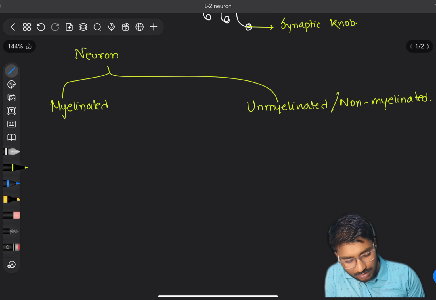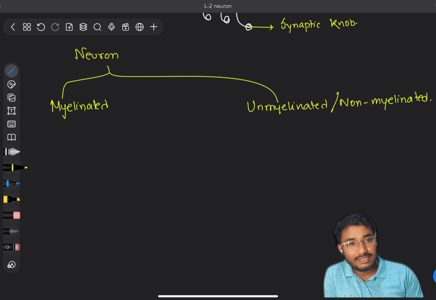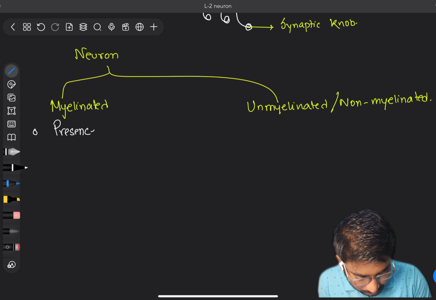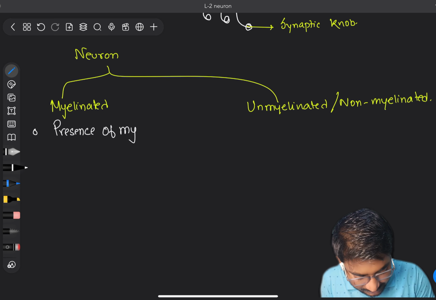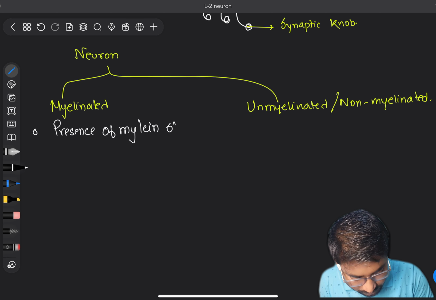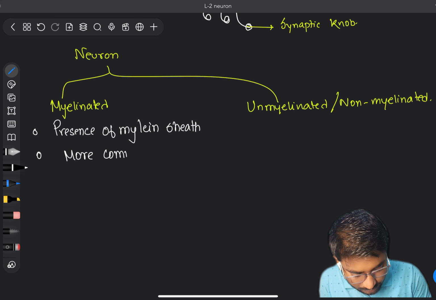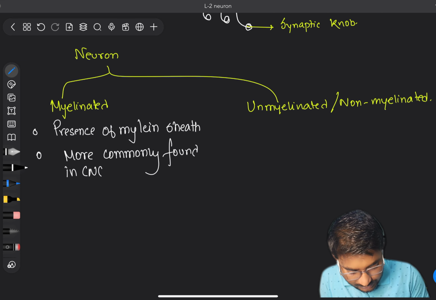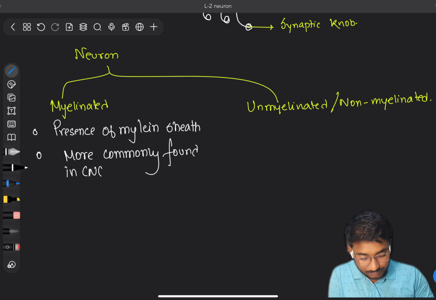In myelinated neurons, we have the presence of myelin sheath, and they are more commonly found in the CNS, that is, the central nervous system.